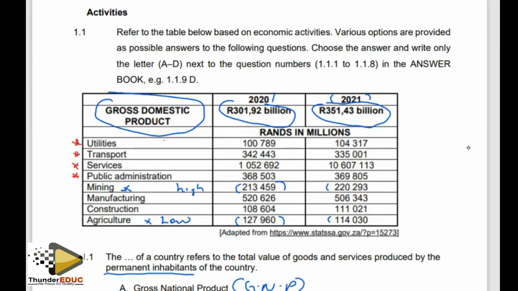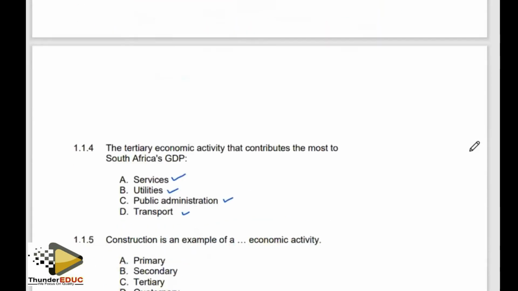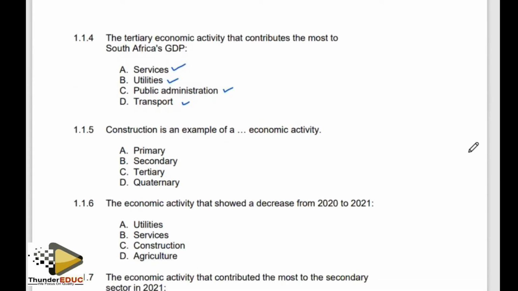Transport is a bit higher. Then with services, the services are in millions already. Public admin is low, so which means if you compare, the services are way higher in value as compared to the other tertiary activities. So our answer is going to be the services.